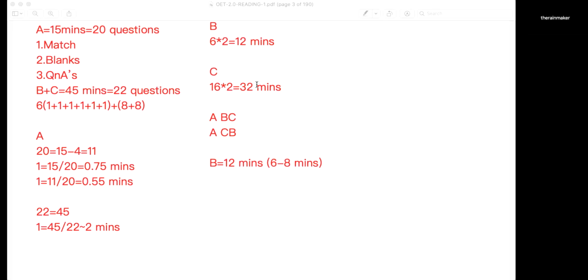And whatever the time remaining, if you do it in 6 to 8 minutes, then you have how much? 4 to 6 minutes extra. Then you can give that 4 to 6 minutes extra to part C, because I told you already that part C is a bit complicated. Give extra how much? 4 to 6 minutes. And that becomes how much? 36 to 38 minutes.